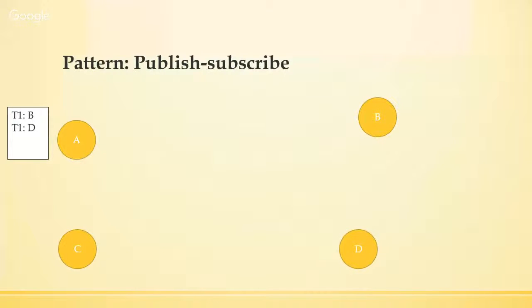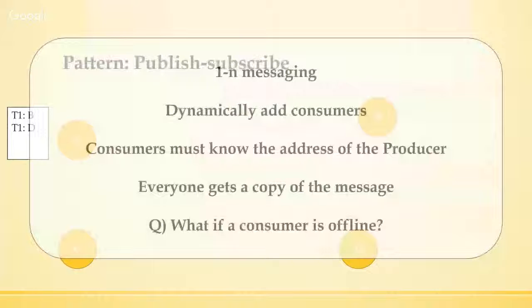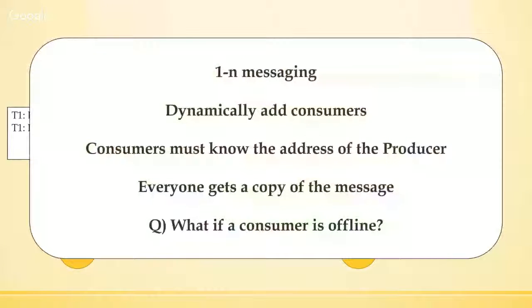So it's one-to-N messaging, so one publisher, many subscribers. You can dynamically add consumers, so you don't have to know the destination address at compile time or even at runtime. You just have to know it at messaging time. Because as a consumer comes online it says, cool, I want to know about this, here's my address, please send this information to me.